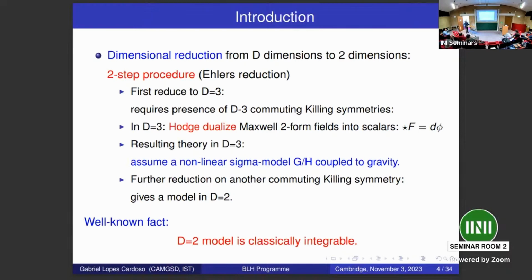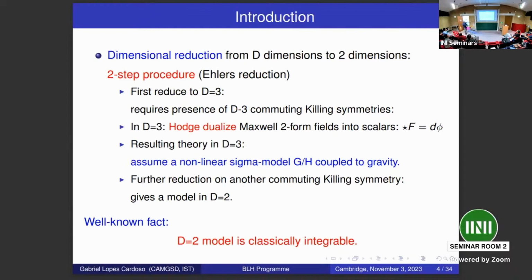Now, these scalar fields will take their values in some nonlinear sigma model, and for the purpose of this talk, we'll be assuming that the nonlinear sigma model is the one based on a symmetric space, based on the group G here. So we'll be dealing with symmetric spaces G mod H coupled to gravity. That's the theory in 3 dimensions, which you get by Kaluza-Klein reducing the theory in d dimensions down to 3 and Hodge dualizing the Maxwell fields.